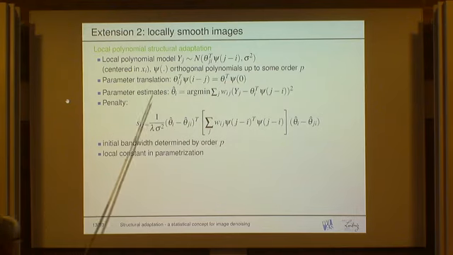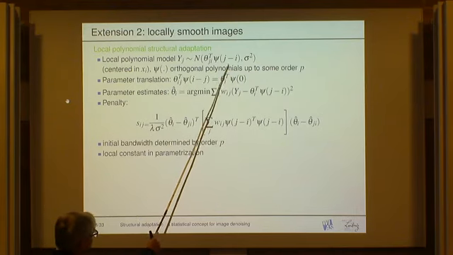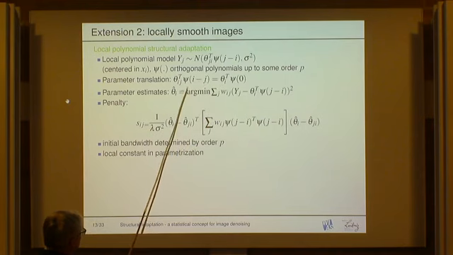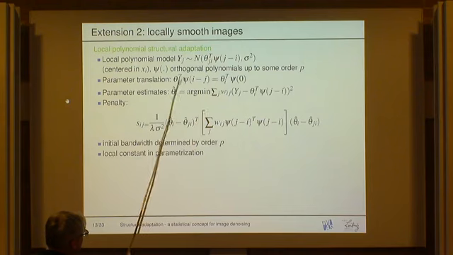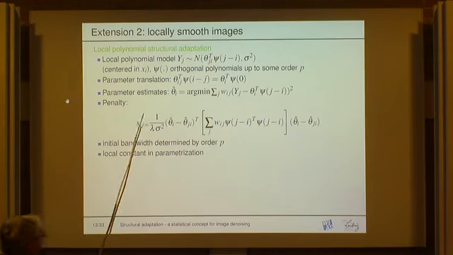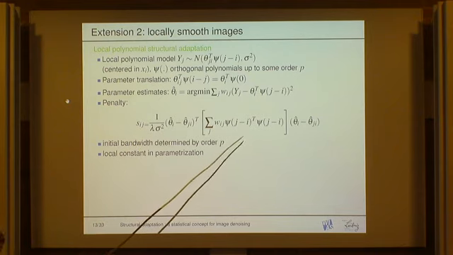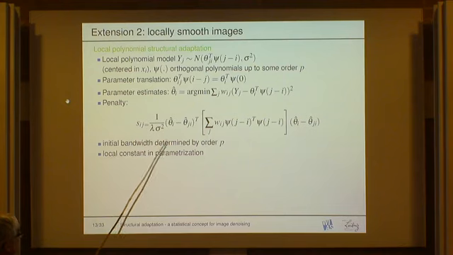What we need then is a parameter translation. So this is centered in design point xi. We need a parameter translation between models centered in j and centered in i, and then we get a penalty like this here.